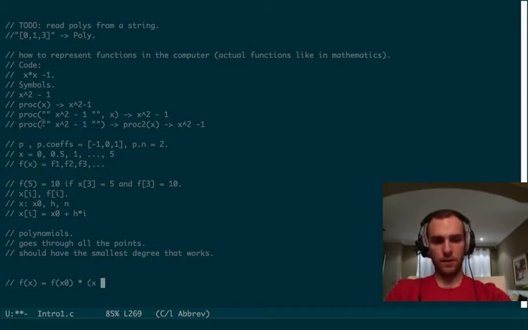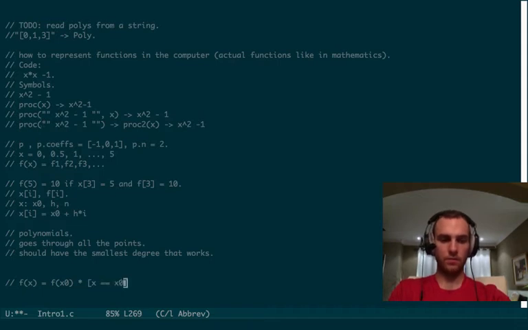So let's put x minus x1 times... we need to put something here that's sensitive to the value of x, and when x is equal to x0, that thing will be equal to 1, right? In logic you sometimes write it like that.